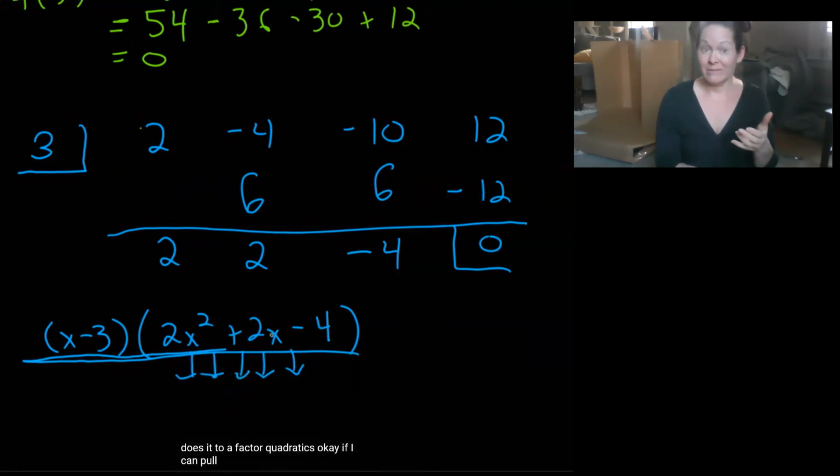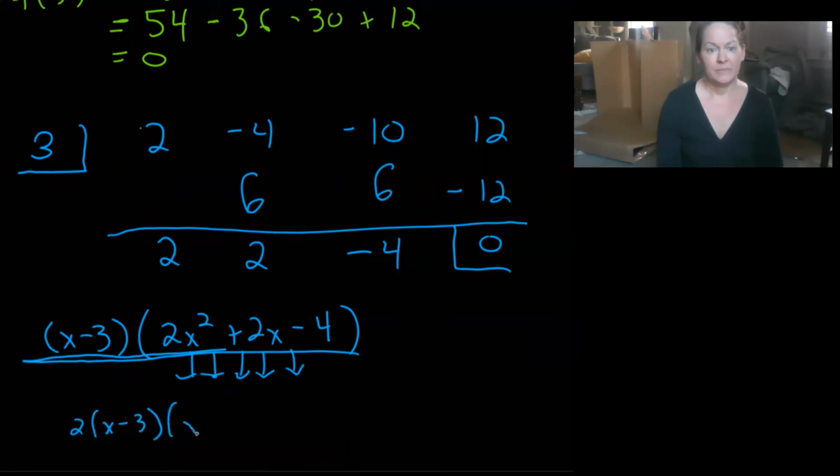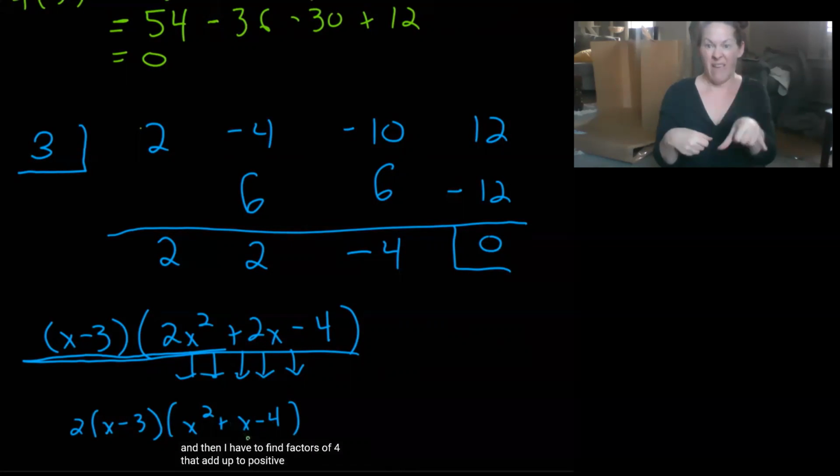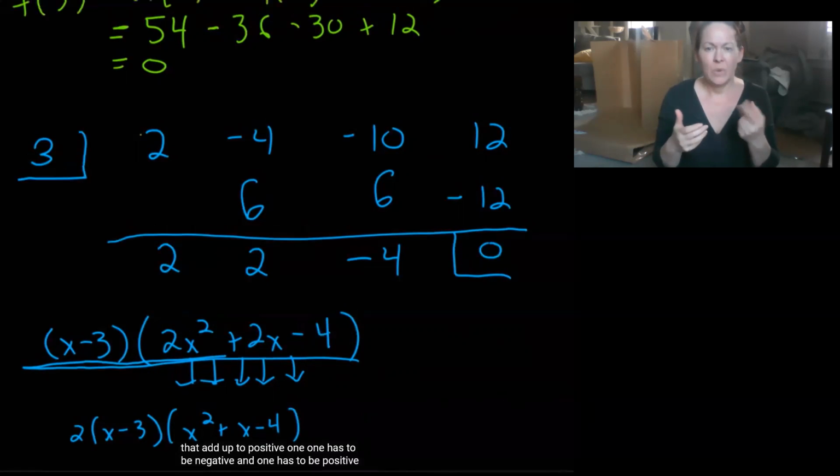In fact, I can pull out the 2. And then I have to find factors of 4 that add up to positive 1. One has to be negative and one has to be positive.